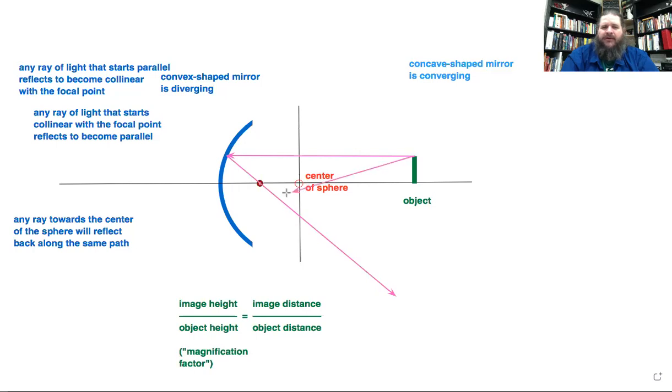Alternatively, from the object, we could have a ray of light that goes through the focal point, hits the mirror, and what's that one going to do? Come off parallel. Yeah, that's going to bounce off to become parallel to the axis. So something like that.